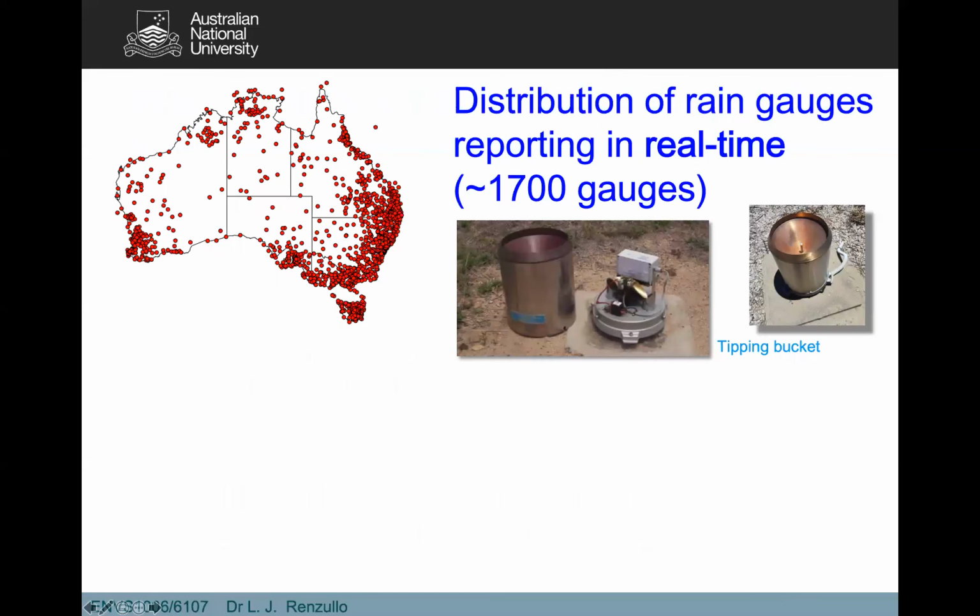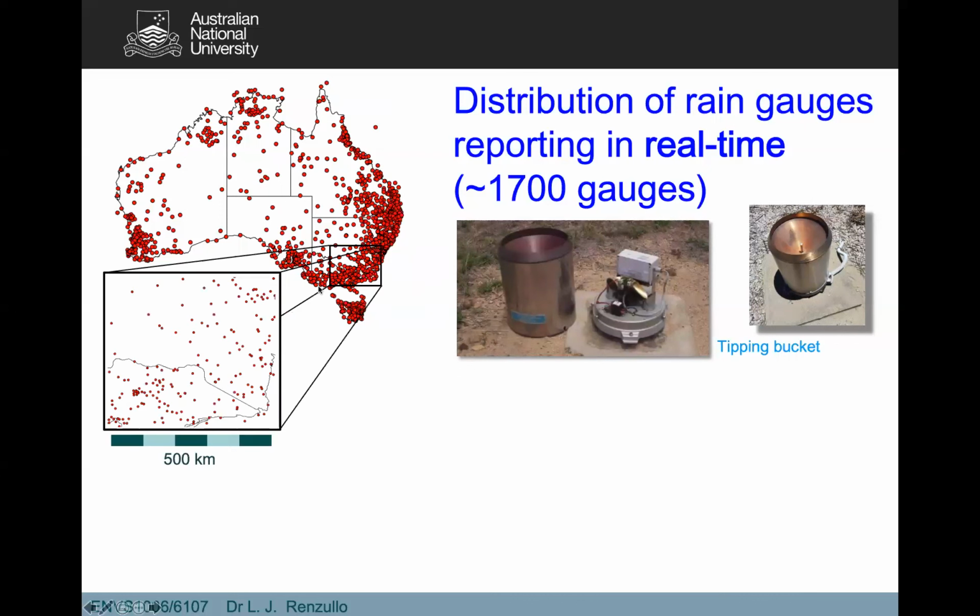But here we have an example of the distribution of rain gauges that report in real time across Australia. For this date, there were about 1,700 gauges distributed across the country reporting 24-hour accumulated rainfall in real time to the Bureau of Meteorology. And while there are areas of the network that look kind of dense, when you zoom in, you've still got tens or hundreds of kilometres between gauges.